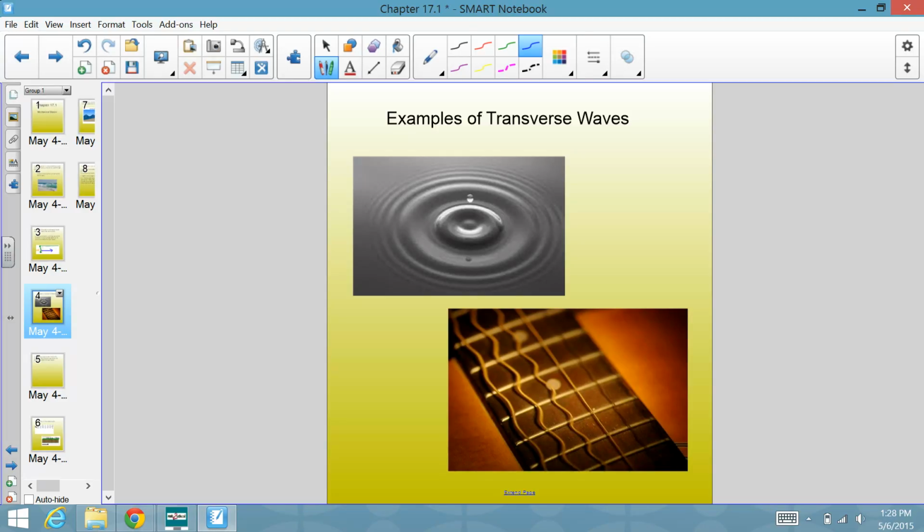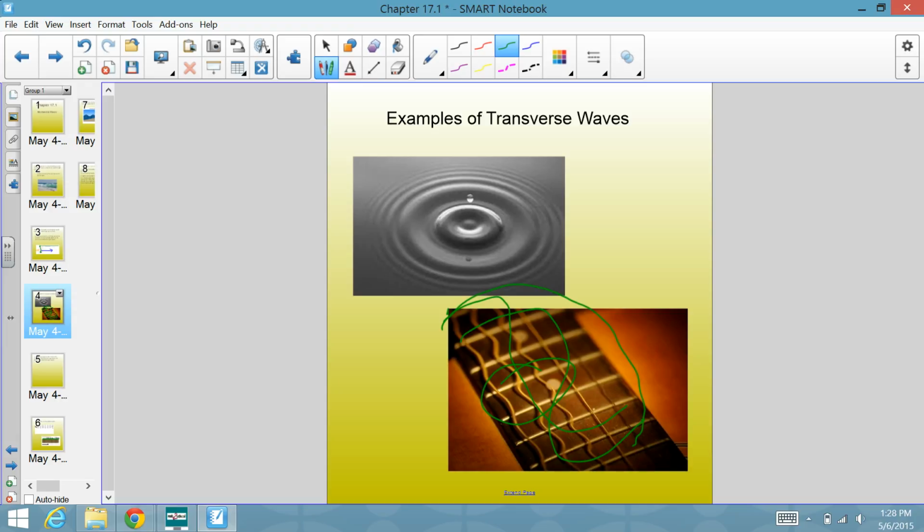Another example of a transverse wave is a guitar string. And this picture is interesting because this is not actually how guitar strings work. They do not vibrate in a way that looks like this if you take a picture. What happens is they vibrate from where they're attached at the top of the neck down to where they're attached at the bottom of the neck. And they vibrate like that, or they can vibrate like that, or they can vibrate like this.